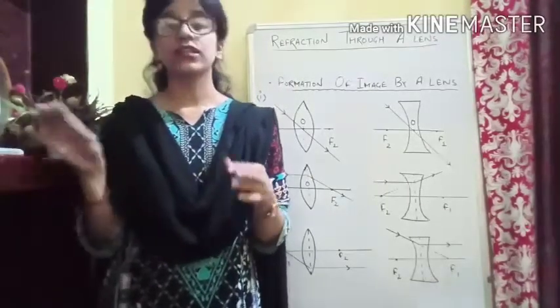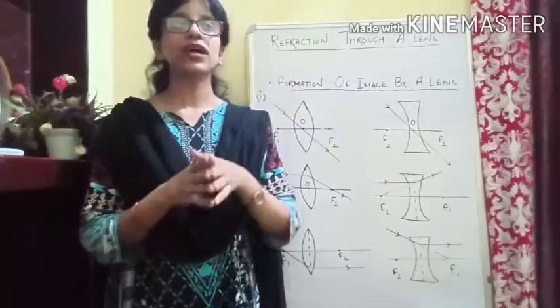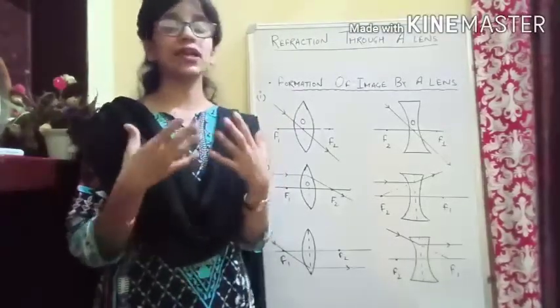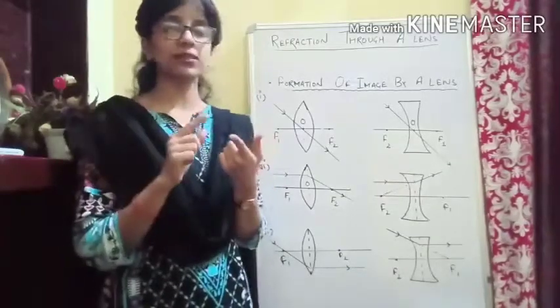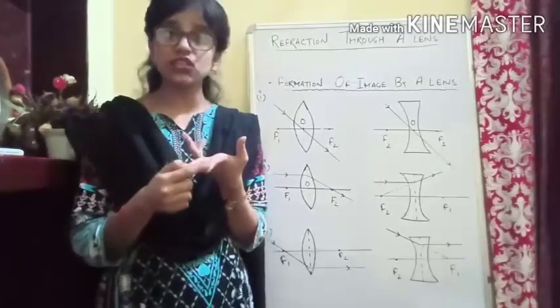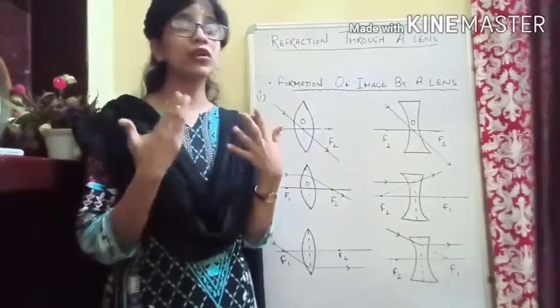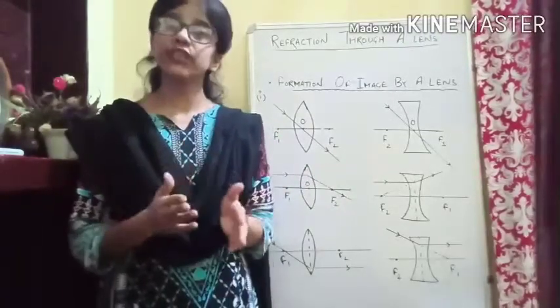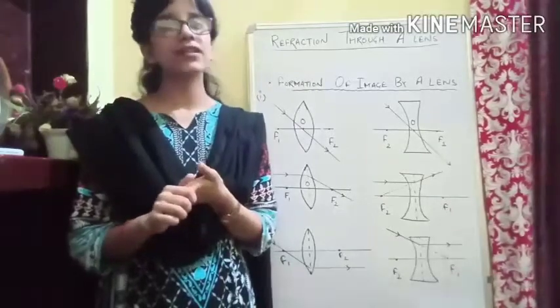Whenever there is formation of image, to see what type of images are formed, like what is the position of image, what is the nature of image, and whether it is a real image or virtual image, we have to draw a ray diagram.